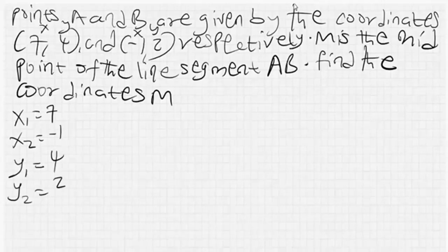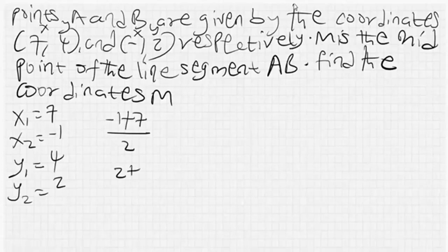So the midpoint of X is the sum of the points of X divided by 2: X2 plus X1, that's -1 plus 7 over 2. For Y, you're going to get 2 plus 4 divided by 2.